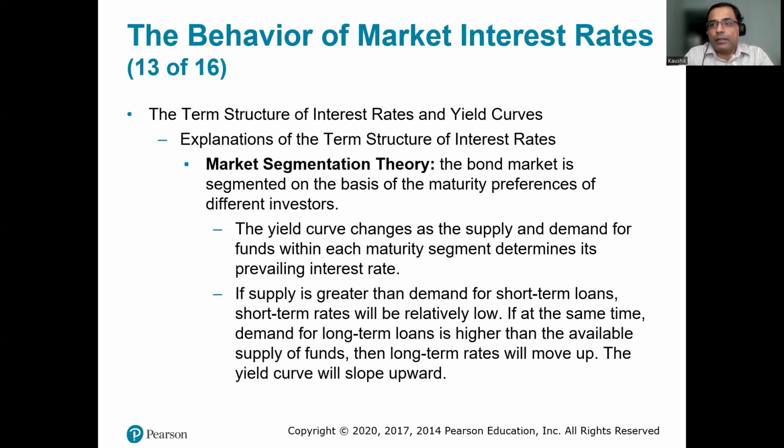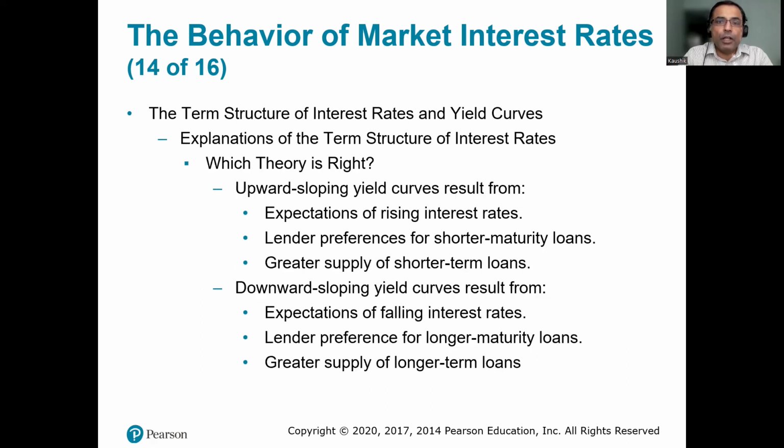Similarly, if the demand for long-term loans is more than their supply, the long-term rates will go up. So this leads to an upward sloping curve. So basically, if there is any demand supply mismatch, that will have an impact on the prevailing yields, and that will determine the shape of the yield curve. So which of these theories is more suitable?